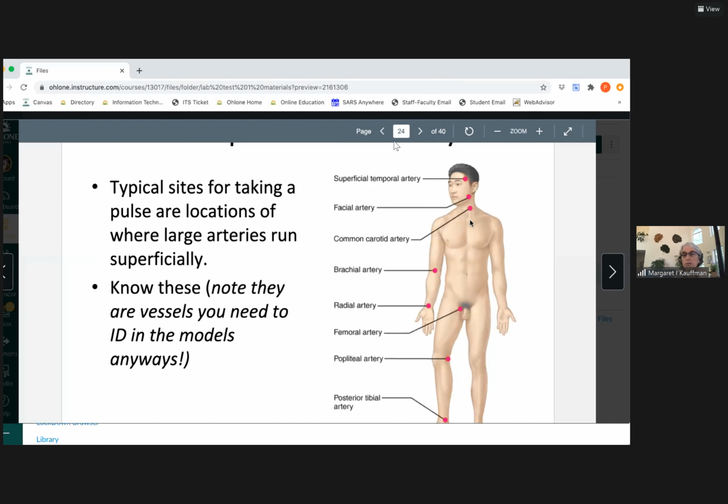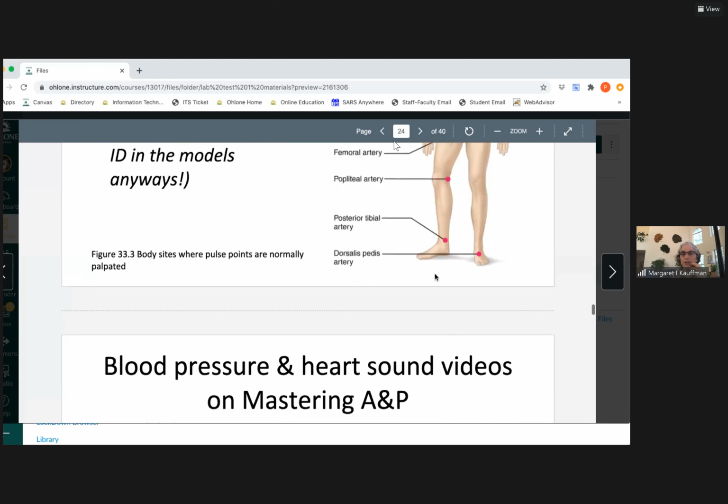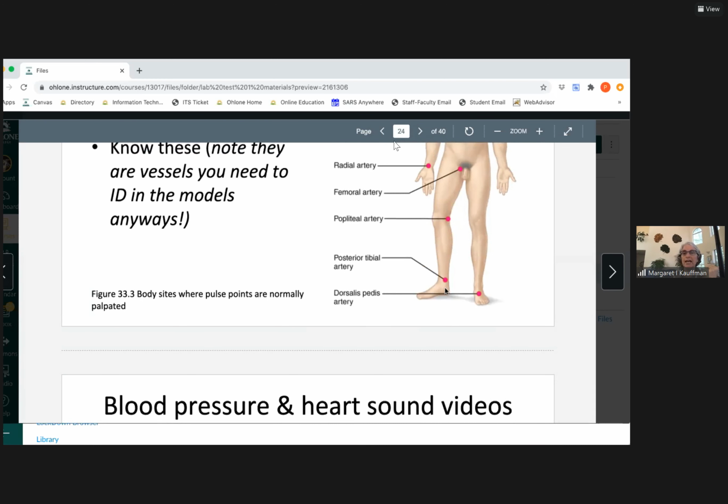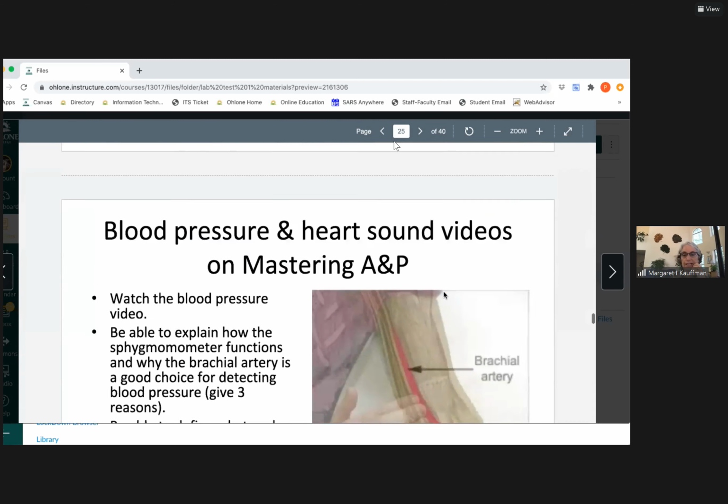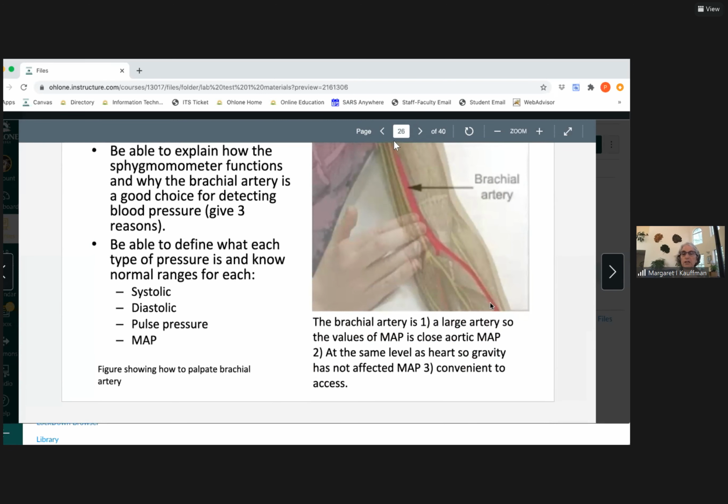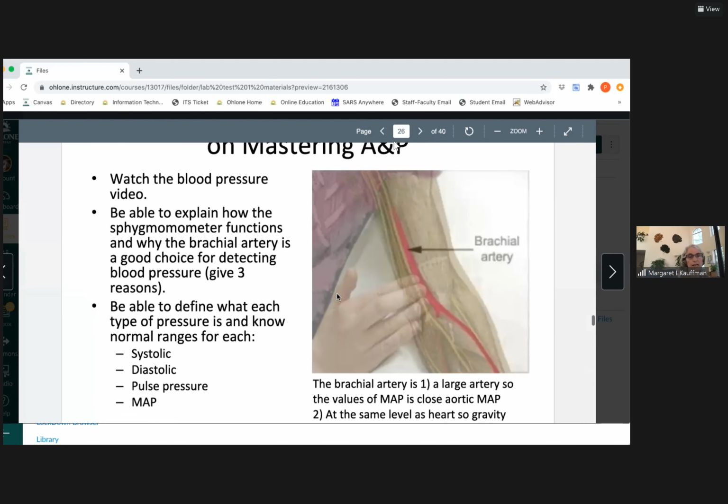So if you took blood pressure at different locations, you would get somewhat different values, because you now know that resistance occurs as the blood flows, and mean arterial pressure drops. So it is our convention to take it at the brachial artery and to use that blood pressure. It's not that everywhere in your body you have 120/80 for a blood pressure. They do look at that in the Mastering. We're not going to go over that here, but I want you to do that on your own.